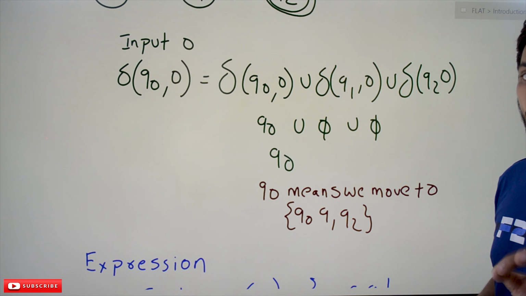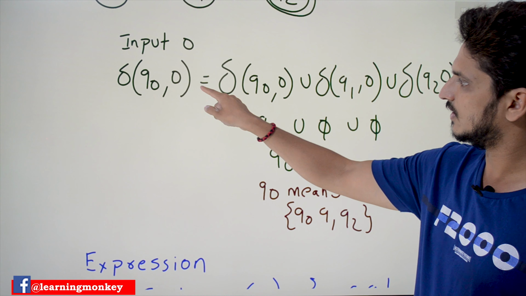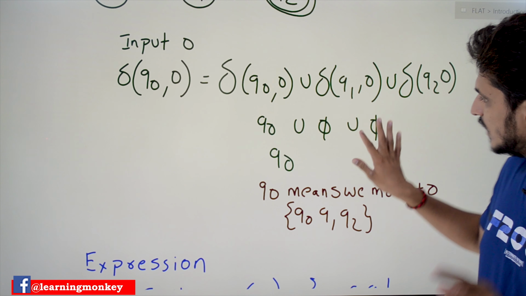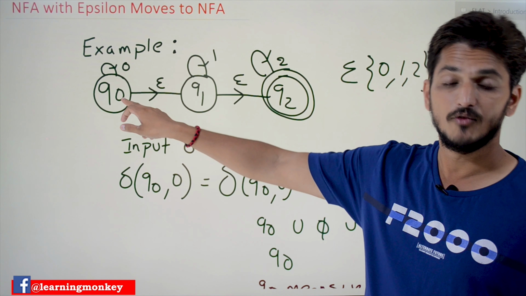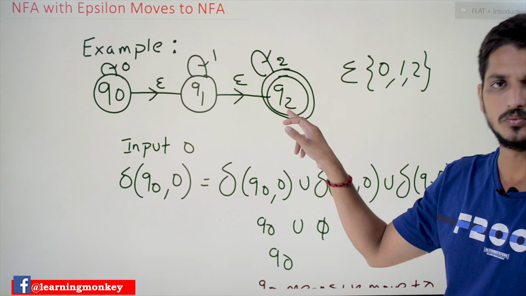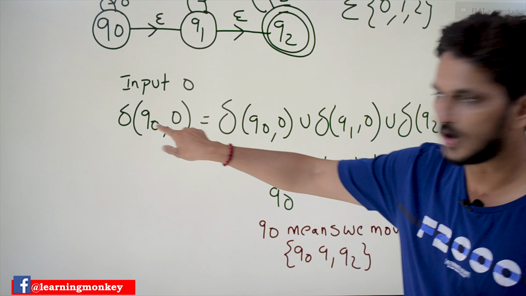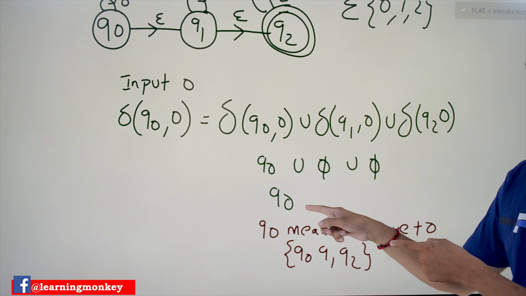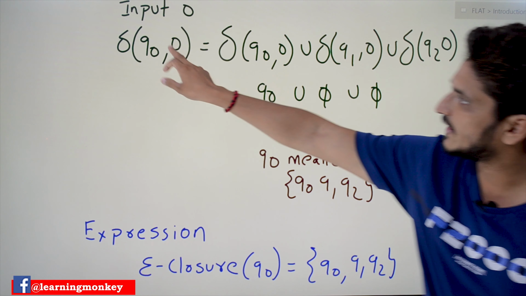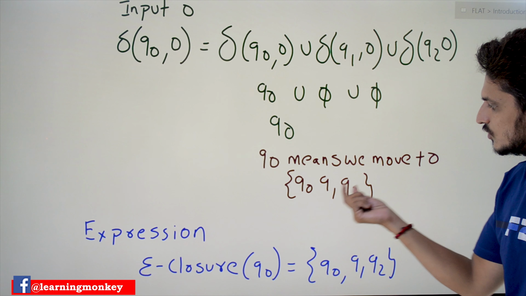One important point: whenever you apply delta of Q0 0, we end up in Q0. Whenever you end up in Q0, without taking any input symbol, we can move to Q1 and Q2. That's why if you take the transition 0 on Q0, we end up in Q0, Q1, Q2.